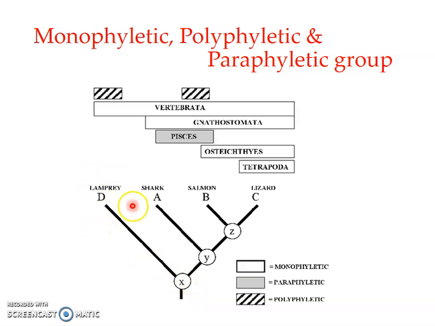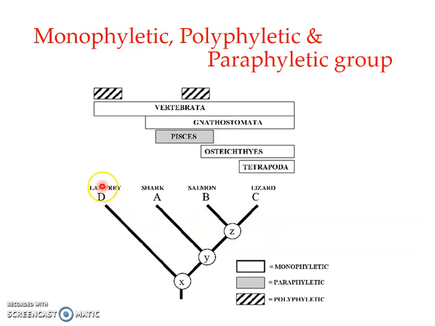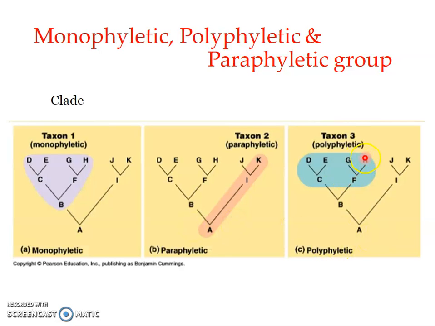So lamprey. This is actually a polyphyletic group. Here it is not so clear because we don't have so many nodes and branches, but I hope with this one it is clear.